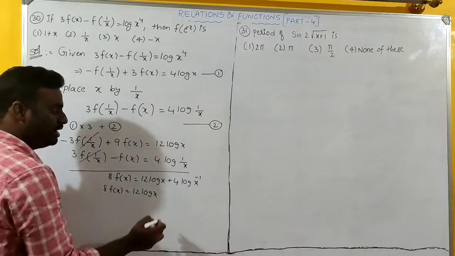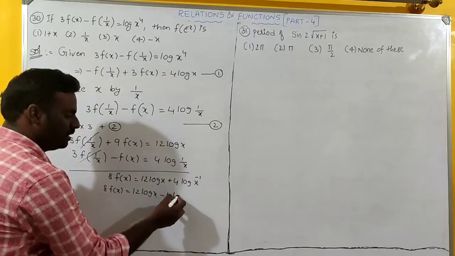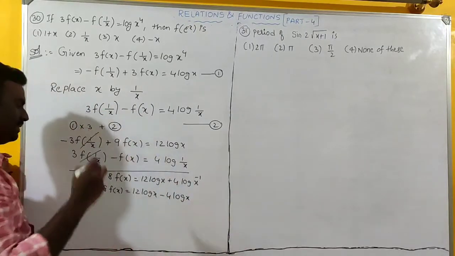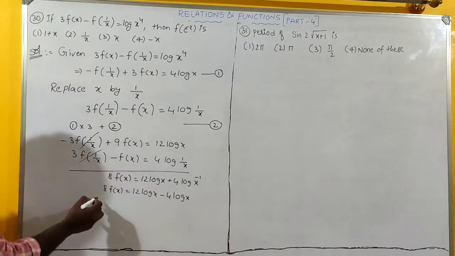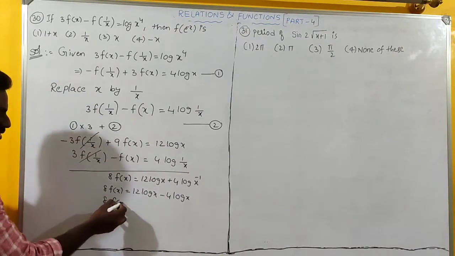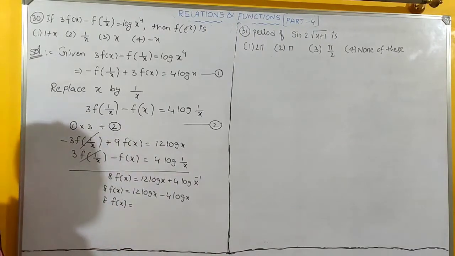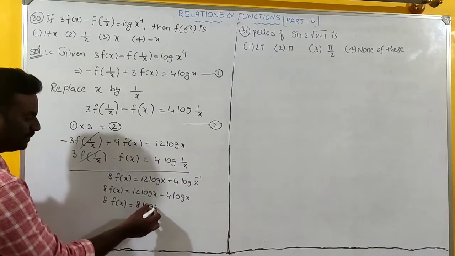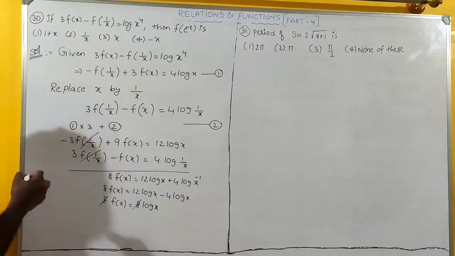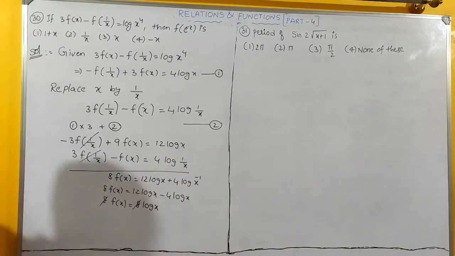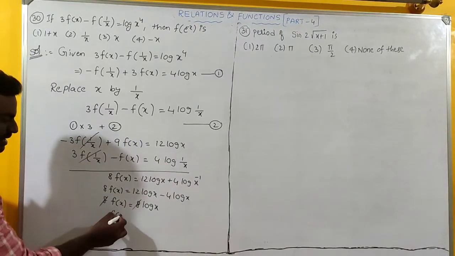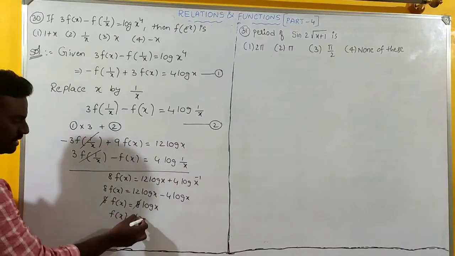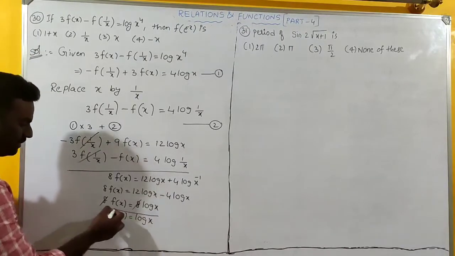So minus 1 into 4, minus 4 log x. Then 8 into f of x is equal to 12 log x minus 4 log x, that is nothing but 8 log x. Now 8 and 8 get cancelled. Then finally f of x is equal to log x. This is the final function.